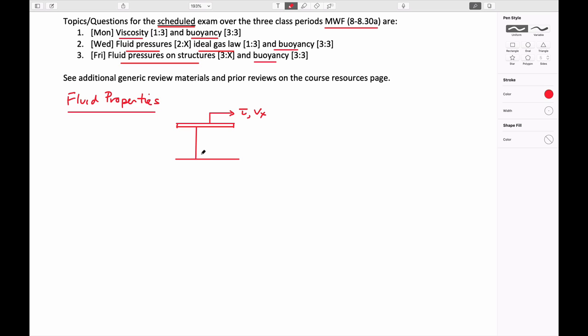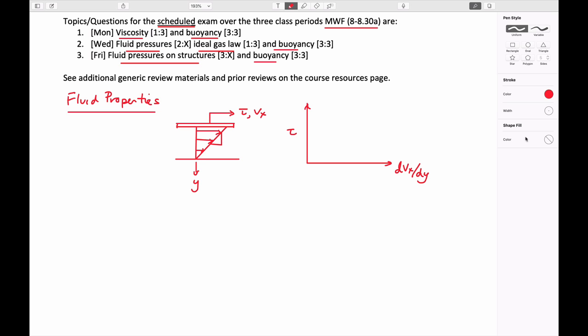You look at the velocity distribution across the plate relative to the y direction, which would be perpendicular to the direction of motion. And you can plot, for instance, the change in shear stress that occurs as a function of the change in velocity in the x direction and how it changes with respect to y. In other words, this gradient here.